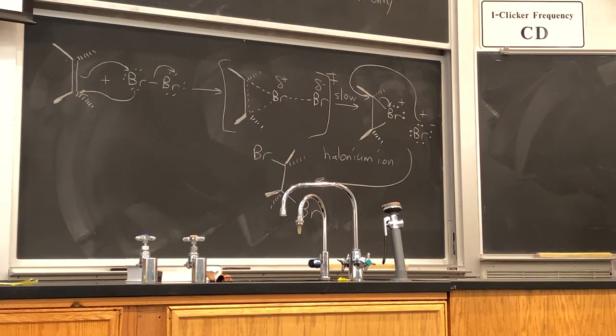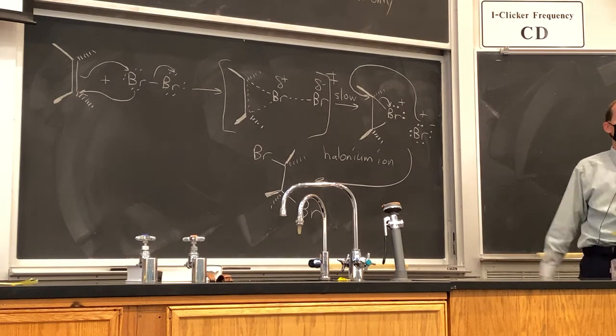And so even though there's ring strain here that you would not have in a carbocation, the fact that a bridged halonium ion has all of its atoms with satisfied octets makes it more stable than the corresponding carbocation, where the positively charged carbon would not have the octet. So that is why a bridged halonium ion is more stable than a carbocation.